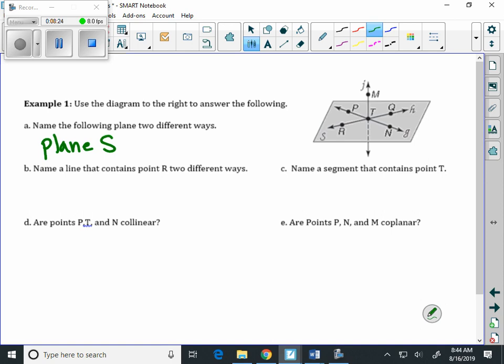Well, some of the points in our plane here are P, T, Q, R, and N. Those are all within that flat surface. Again, that's what a plane is. So another way that we can name it is plane PTR.